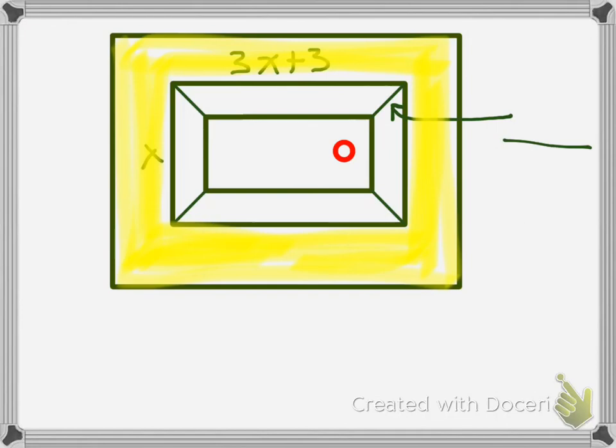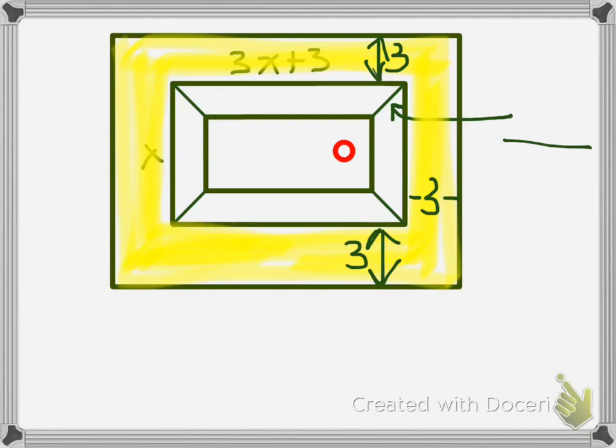I'm going to even make it a little simpler for you. I'm going to tell you that I want the walkway to be 3 feet wide. So from here to here is going to be 3 feet, and if that's 3 feet, then this must be 3 feet also. That's 3 feet. And if that's 3 feet, guess what this is going to be up here? Yep, 3 feet.